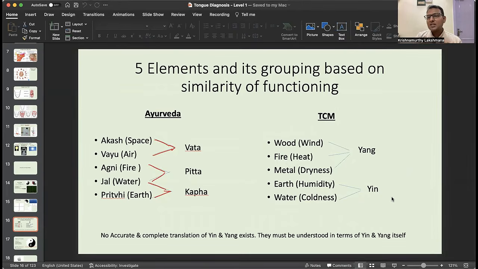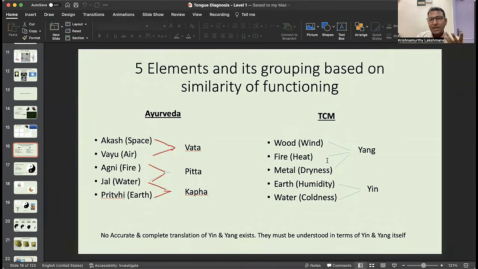This is my way of understanding things. I have not come across this in this format in any books. It's just that I have tried to understand it and give a comparative study between Ayurveda and TCM, because it helps you to understand the subject much more easily.